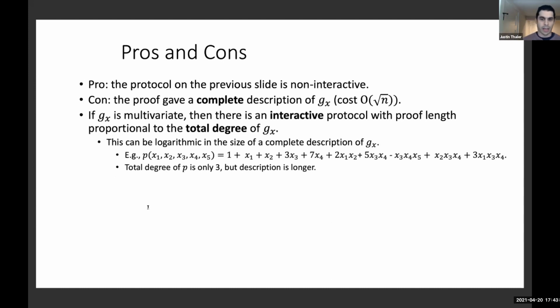I stopped writing terms because I could only fit 10 terms on the slide. But here's a polynomial with 10 coefficients, and its total degree is only 3. My point is that if the proof length is proportional to the total degree of the multivariate polynomial, that can give much, much smaller proofs than the prover writing down the entire polynomial and sending it to the verifier.